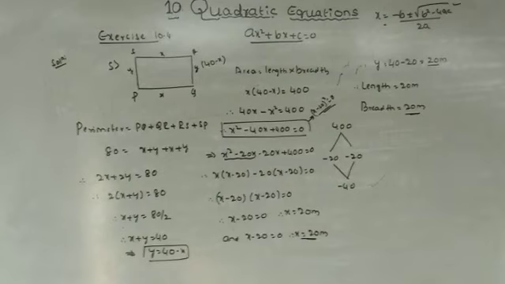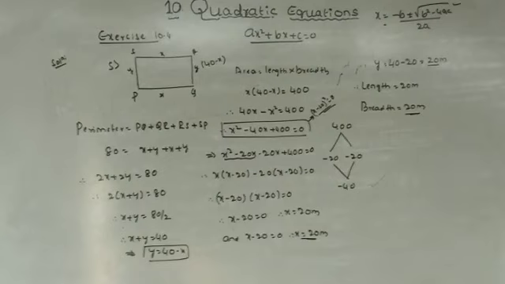So X common, X minus 20; minus 20 common, X minus 20. So X minus 20 is equal to 0.